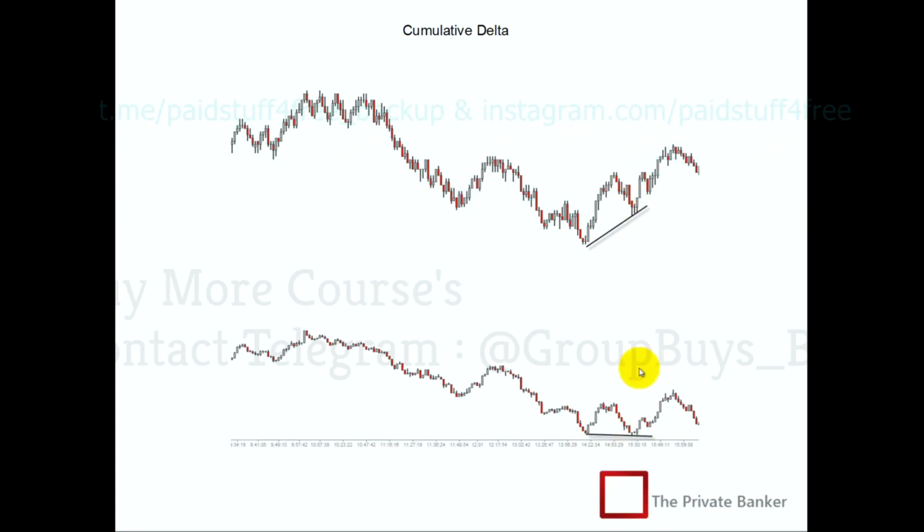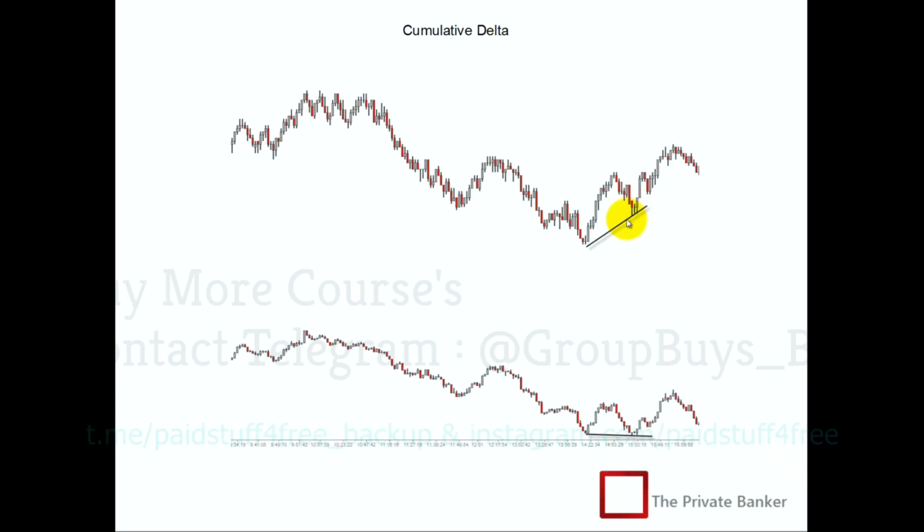Well, that's obviously a divergence between price and the cumulative delta there. So when we have a divergence, what is that telling us? Well, we know that sellers are being aggressive in this example here. However, price does not make a new low or even come back to our lows. So as sellers are selling into price, the market, for some reason or another, stops.